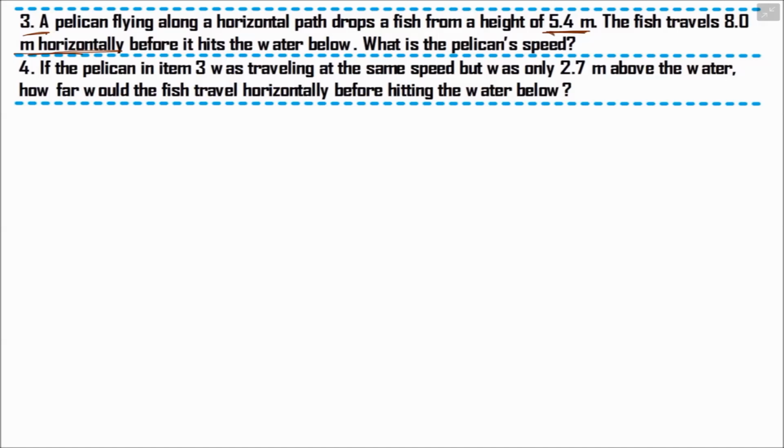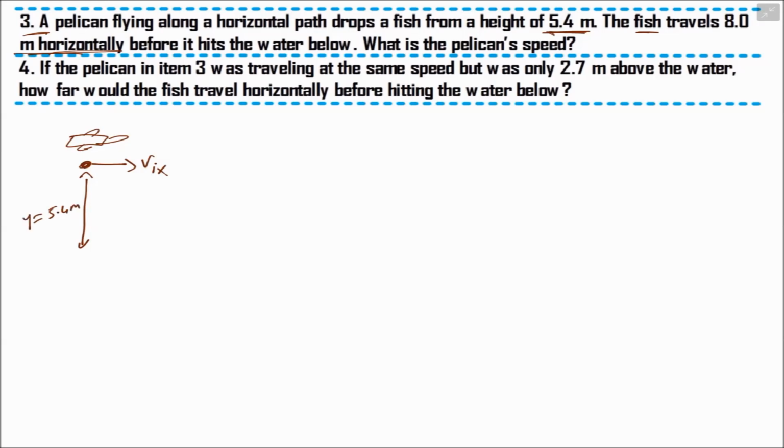So the pelican speed and the speed of the fish at the first must be the same. Let's say this is the pelican which is flying and it releases the fish. The fish will have initial v initial x, and it is high from the level of the water, 5.4 meters.